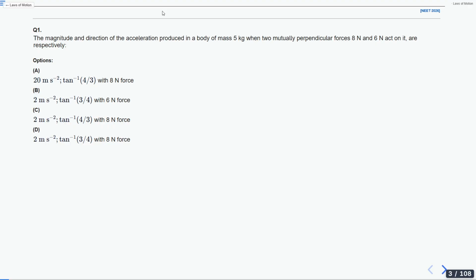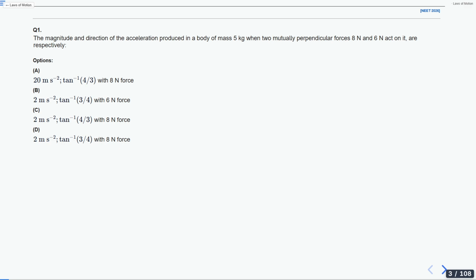The question says: find the magnitude and direction of acceleration produced in a body of 5 kg when two mutually perpendicular forces, 8 Newton and 6 Newton, act on it. We are given two forces, 8 Newton and 6 Newton respectively.